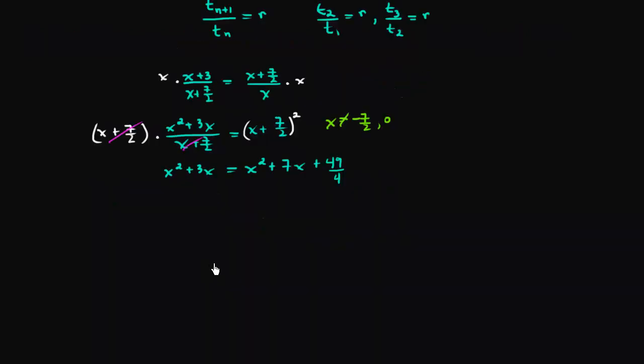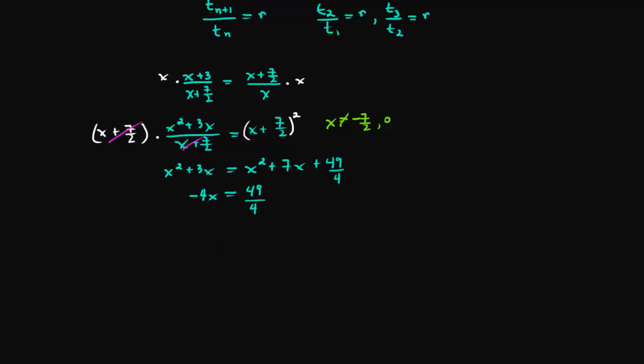If I try to solve this equation, I've got an x squared term on both sides, so those terms cancel. What I'm left with is that negative 4x is equal to 49 over 4. So the quadratic terms drop out in this equation.